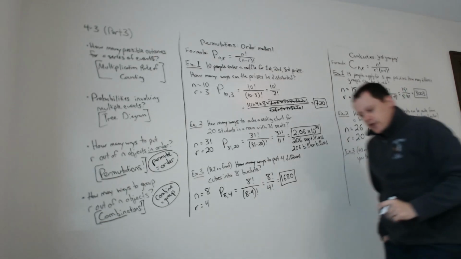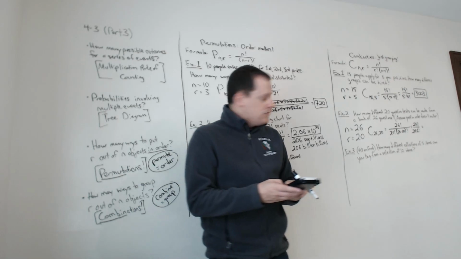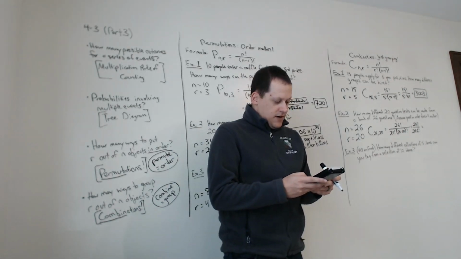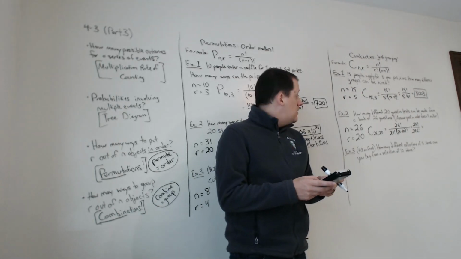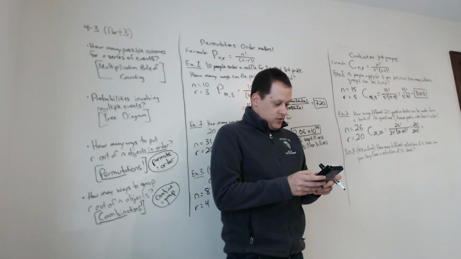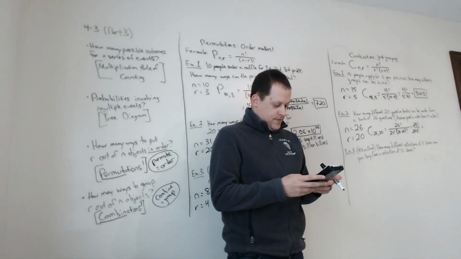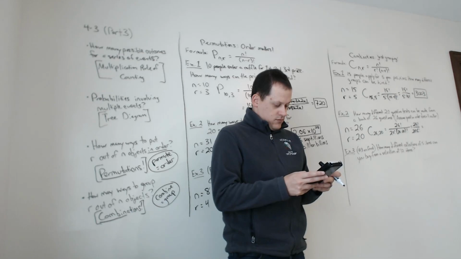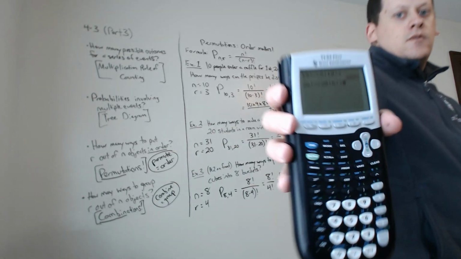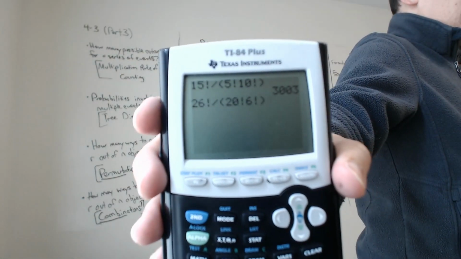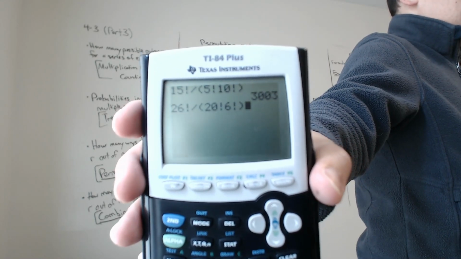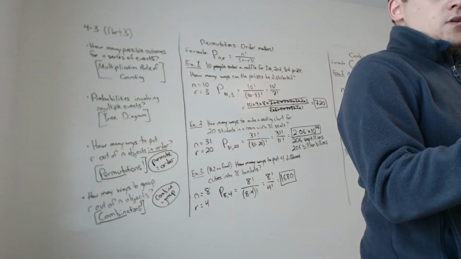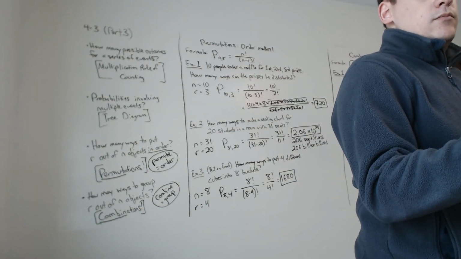Okay, we can put that in our calculator as well. 26 factorial divided by, in parentheses, 20 factorial times 6 factorial. Okay. So again, if you're going to use a graphing calculator like this, you should type it in like this.